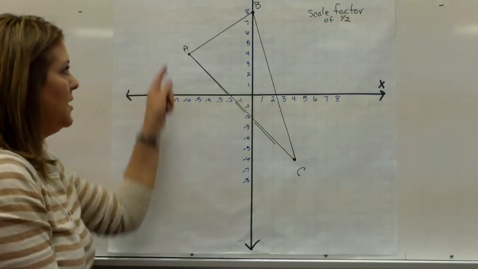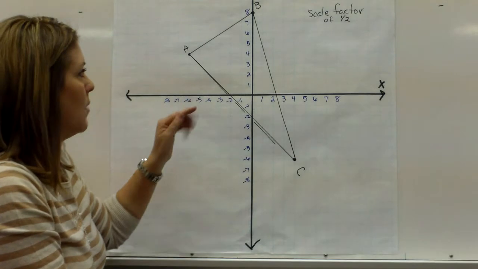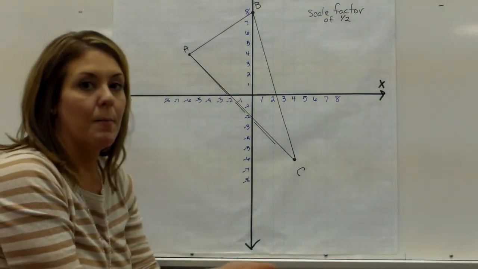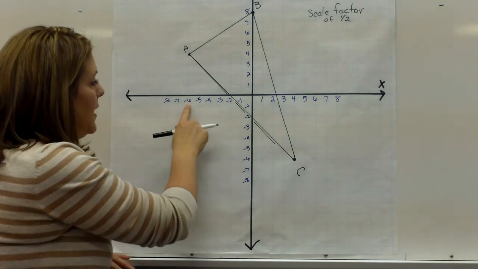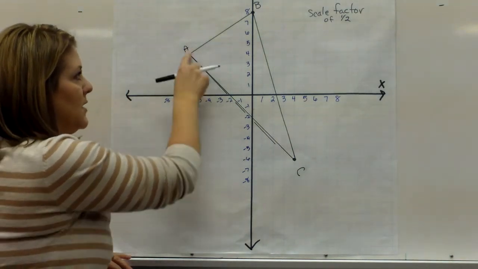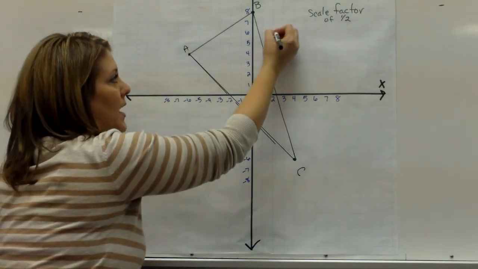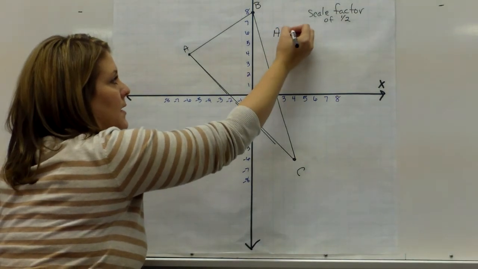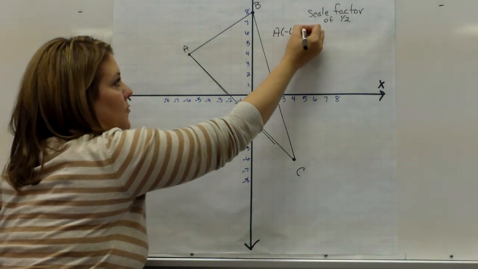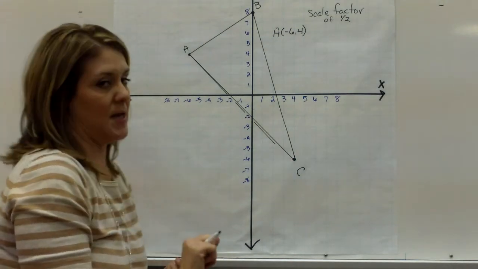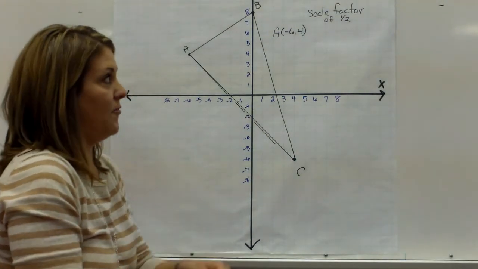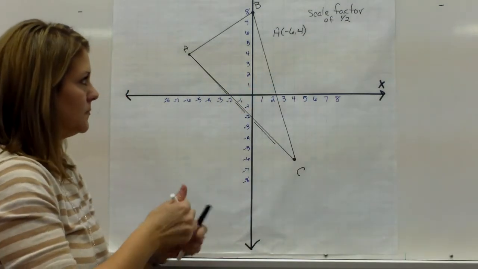That means we're going to take each of these ordered pairs and multiply those x and y coordinates by 1/2 to get our new ordered pairs. So for instance, A is currently at (-6, 4). So the pre-image for A is (-6, 4). We're going to multiply each of those, the -6 and the 4, by 1/2, which is our scale factor.